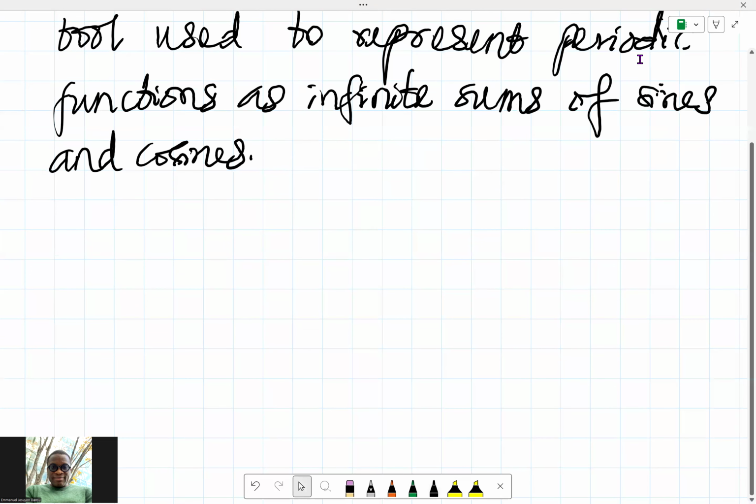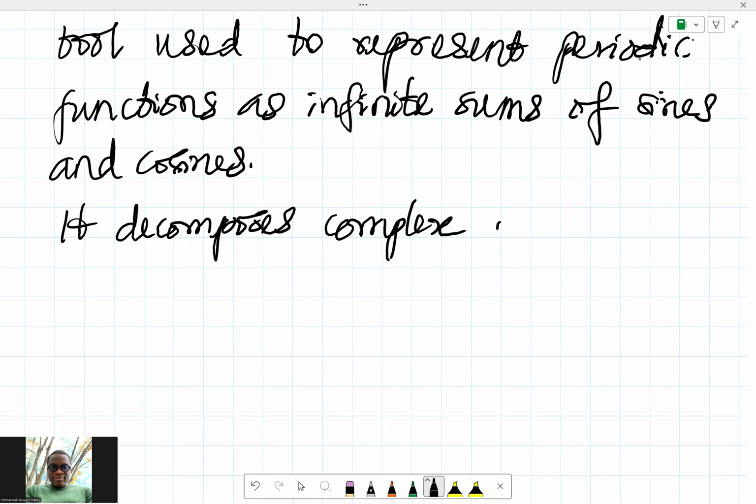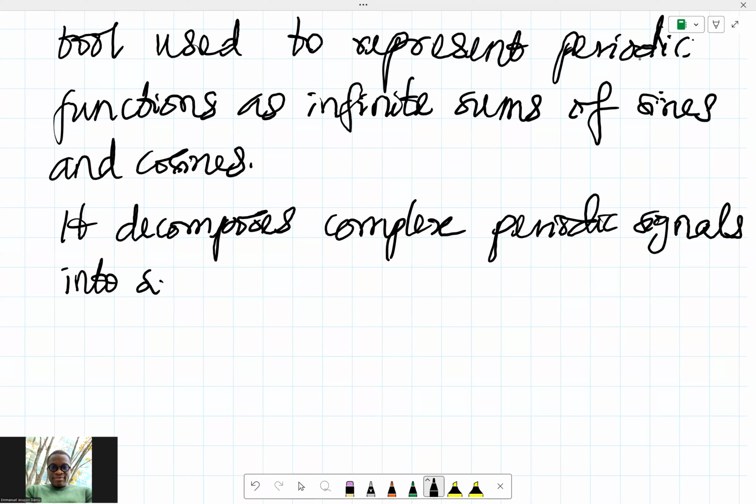Okay. So Fourier series actually decomposes complex periodic signals into simpler trigonometric components.